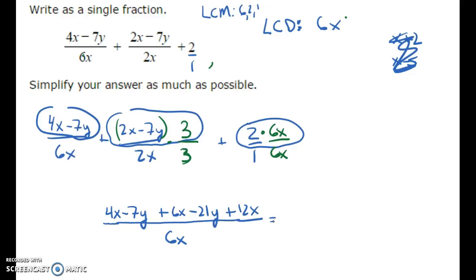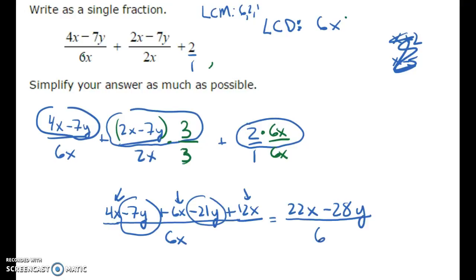Now, of course, other skills take over. I do need to go ahead and combine like terms. So the 4x combined with the 6x and the 12x makes 22x. And this negative 7y and negative 21y make a negative 28y. That's all over 6x. And now the final piece is to look at your entire fraction, and if there's something that you can divide out of every single part of it, then you do that.